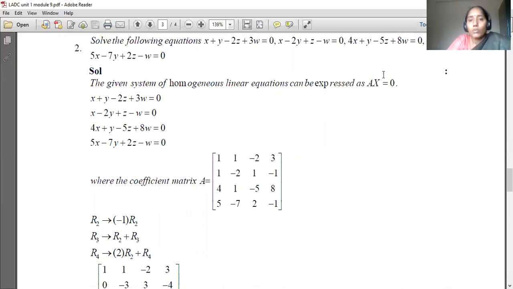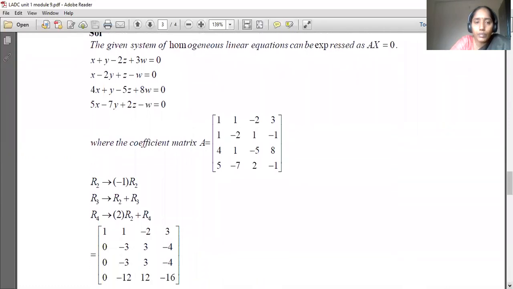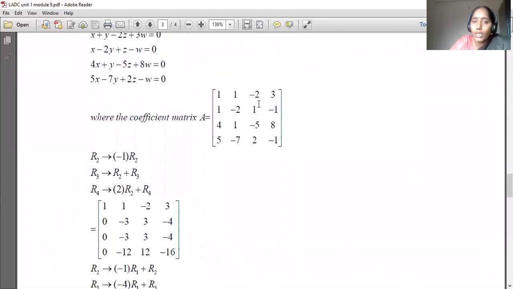Here Ax is equal to 0, where A is the coefficient matrix. In this coefficient matrix, 1 is the pivot element. Using this pivot element, you can reduce the remaining elements in the corresponding column to 0 by using elementary transformations.